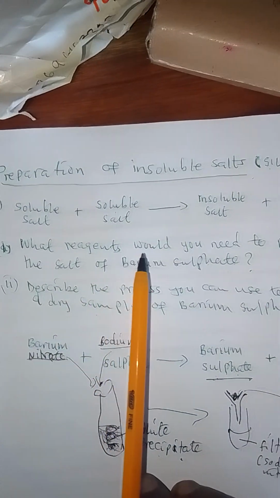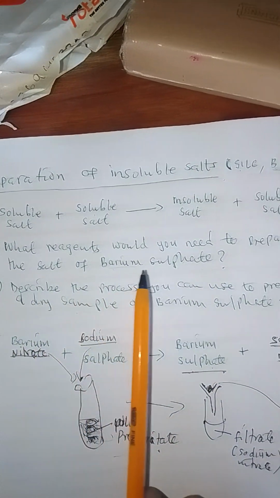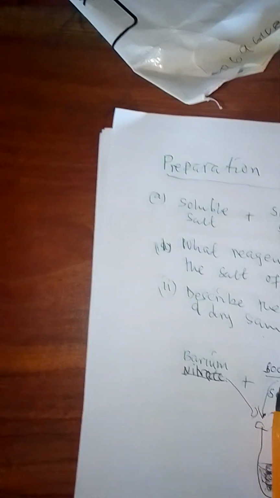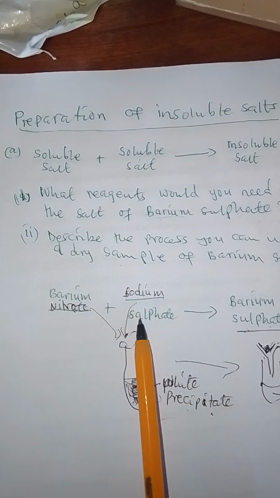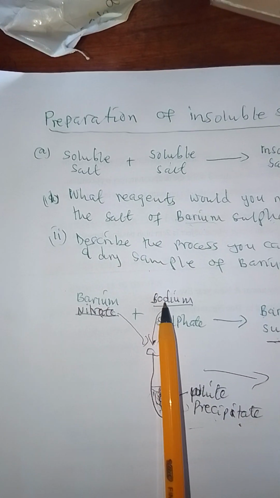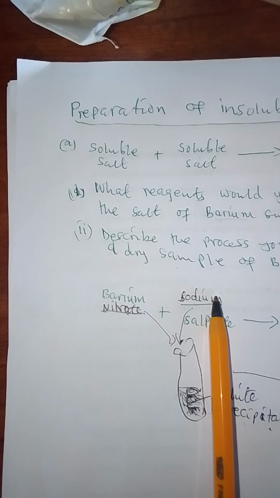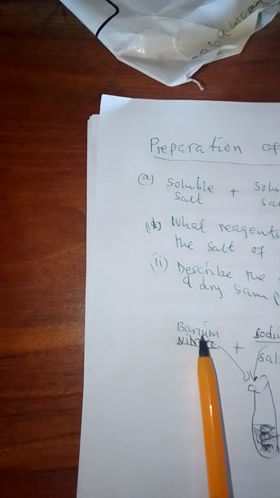What reagents would you need to prepare the salt barium sulfate? Of course, the reagents you need are barium nitrate and sodium sulfate. Or it is not just sodium here. You can use any metal whose sulfate is soluble. Even here, it's not just nitrate.